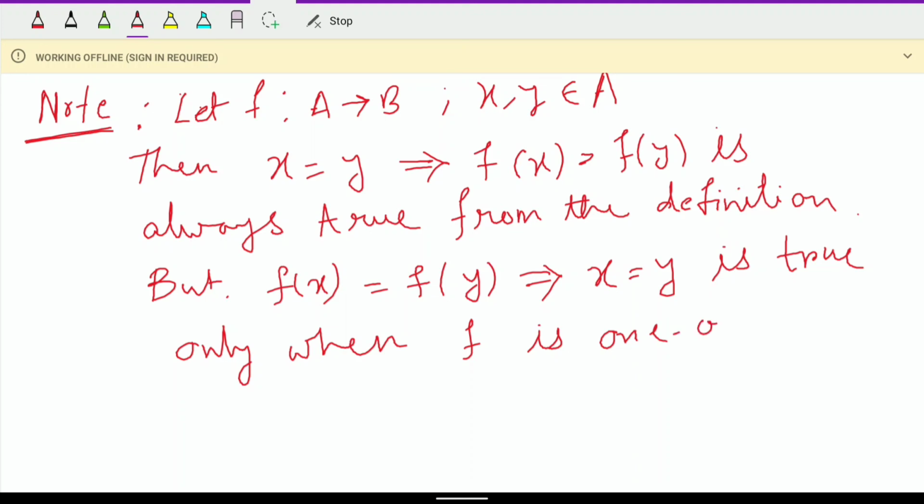So one thing: x equals to y implying f of x equals to f of y is always true, but f of x equals to f of y implying x equals to y is true only when f is 1-1. Okay, so that's all for today, and I have completed the 1-1 function, and next day I will discuss the many-1 function. Okay, so up to this, take care, bye bye.